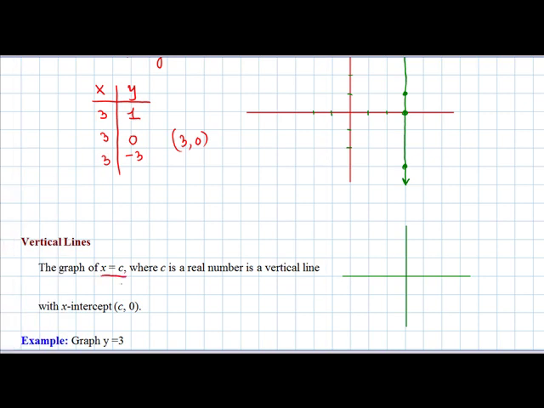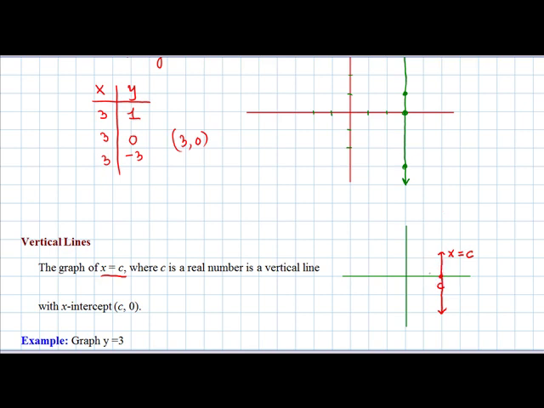So let's say right here is c, and then your vertical line will be right here, x equals c. And at this point here, (c, 0), that is your x-intercept.